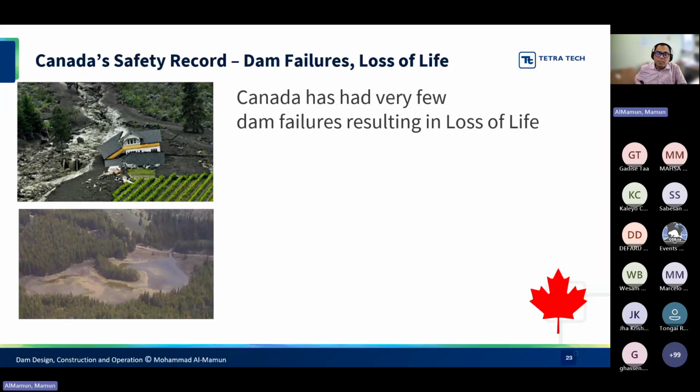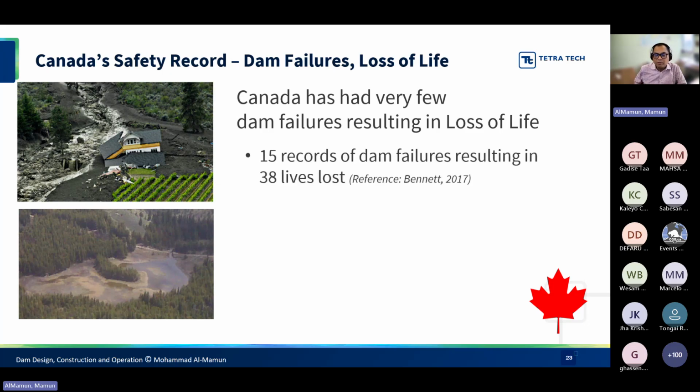And lastly, how good are we in Canada in terms of dam safety? I think we are one of the leaders in the world in promoting dam safety. We have the Canadian Dam Association, the dam safety guidelines, and so on. In general we have had very few dam failures resulting in loss of life.